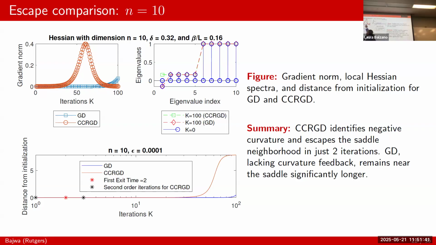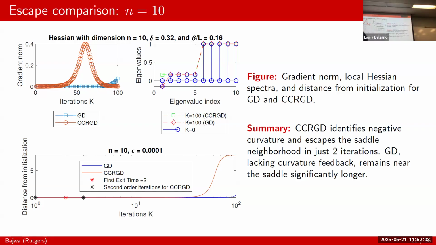Your gradient norm is slowly increasing, which means it is going away from the saddle, but very slowly. And if you come over here, by the time you finish, the red is the gradient descent, and you see it is still in the saddle neighborhood. It still has negative curvature. It is still moving away.